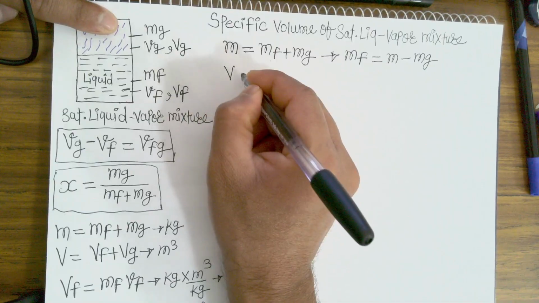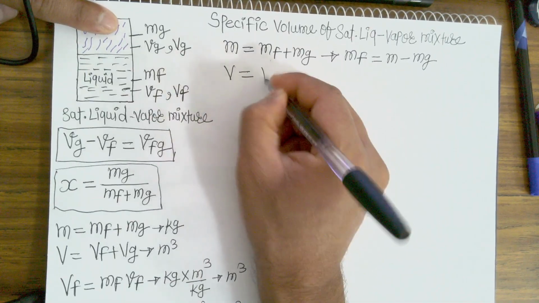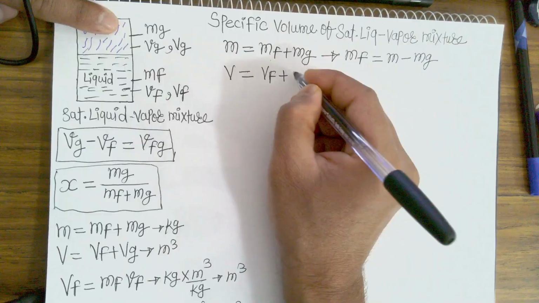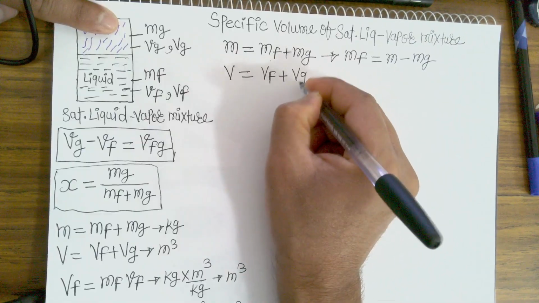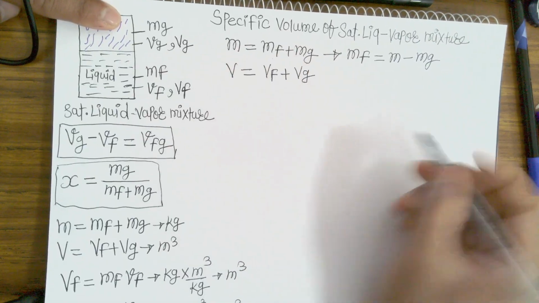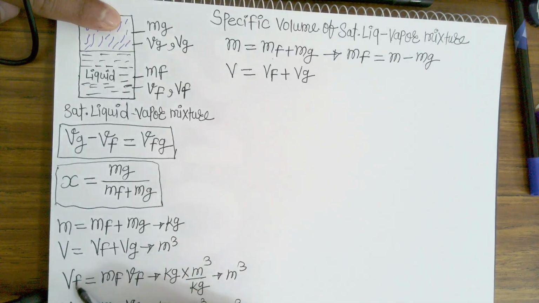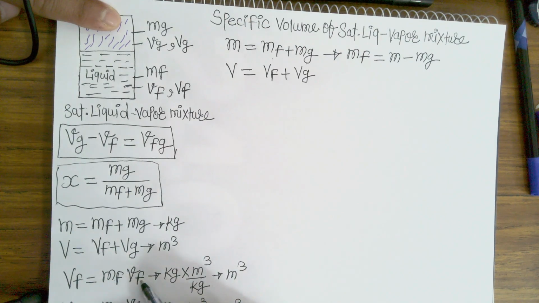Total volume of mixture is equal to volume of liquid plus volume of vapor. So from here, volume can be written as mass multiplied by specific volume.